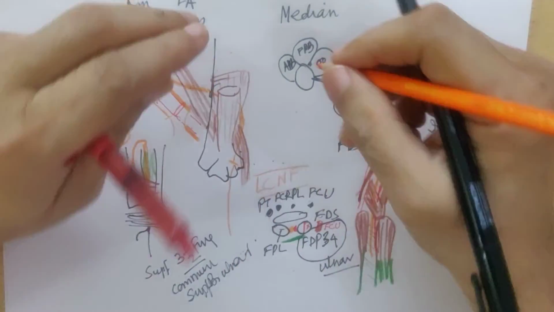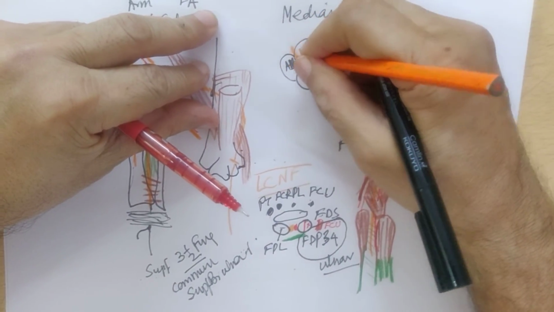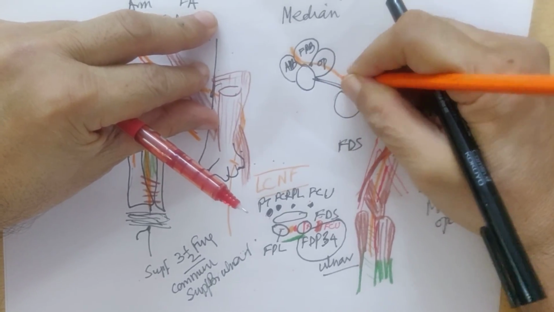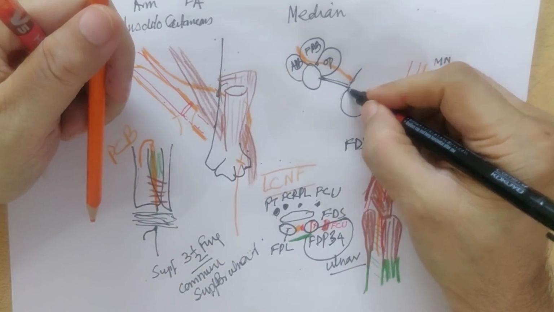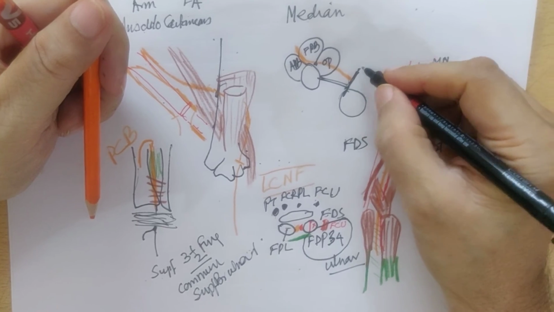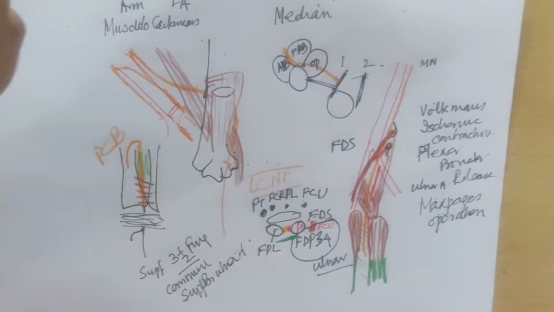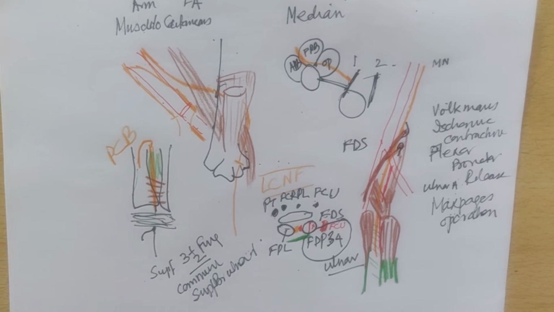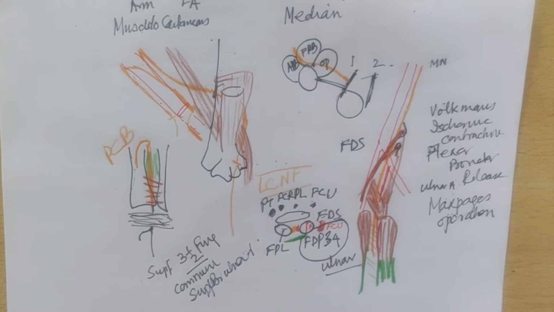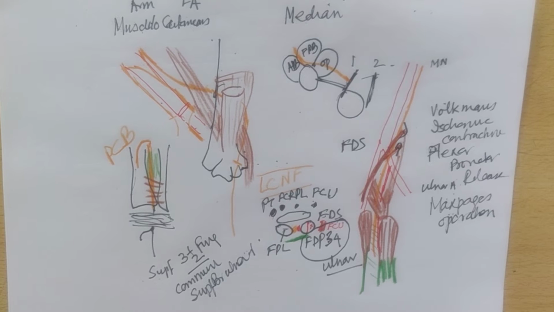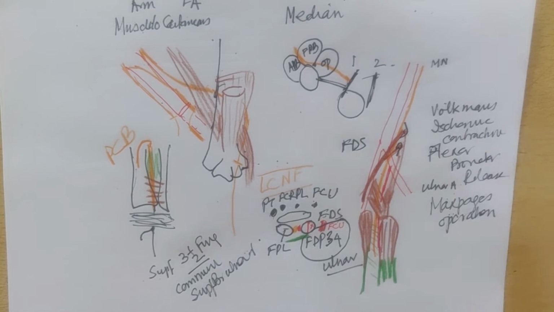So it lies between these two, pierces the opponens and supplies lumbrical first and lumbrical second. So we have covered the musculocutaneous nerve and the median nerve. Now we want to cover the ulnar nerve.